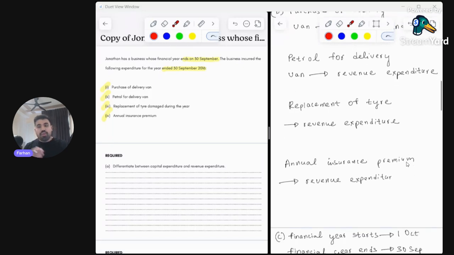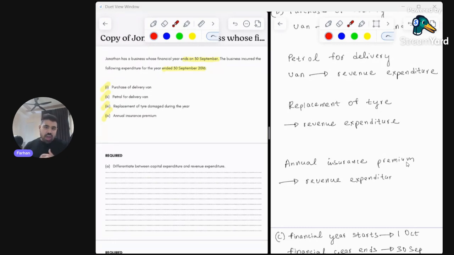Next, we have got the annual insurance premium, which simply stands for the insurance expense. This is also a revenue expenditure because insurance expense is basically out there to protect the business from any theft or any damages that may occur during a typical financial year. An insurance expense basically acts as a safeguard in the event something goes wrong.